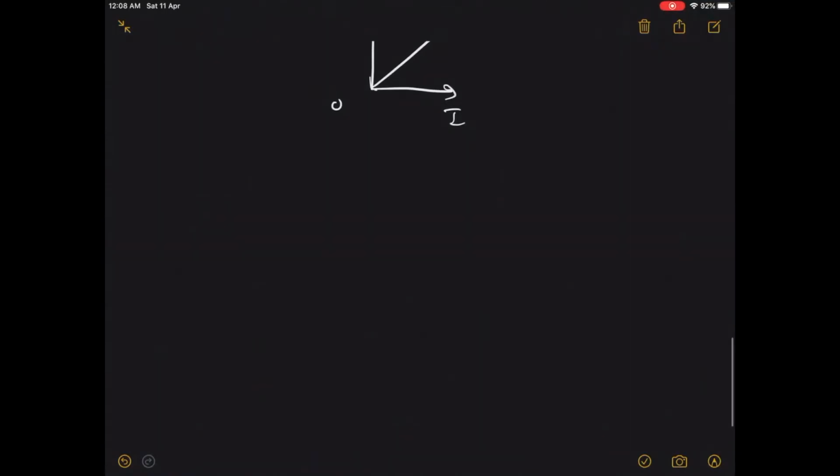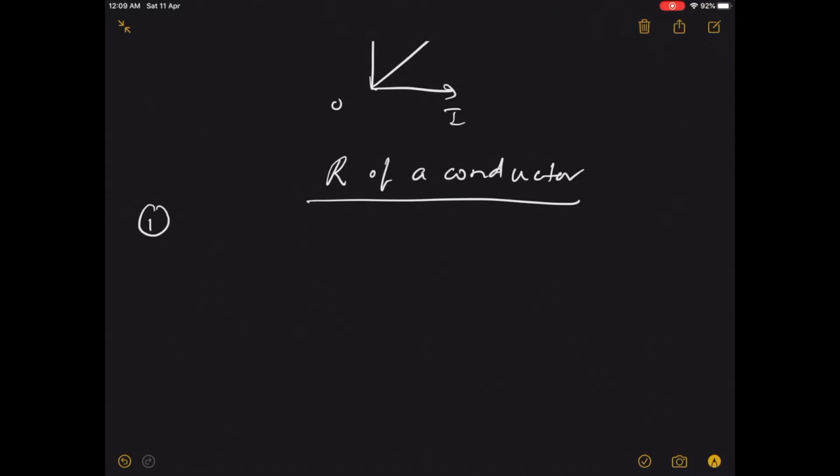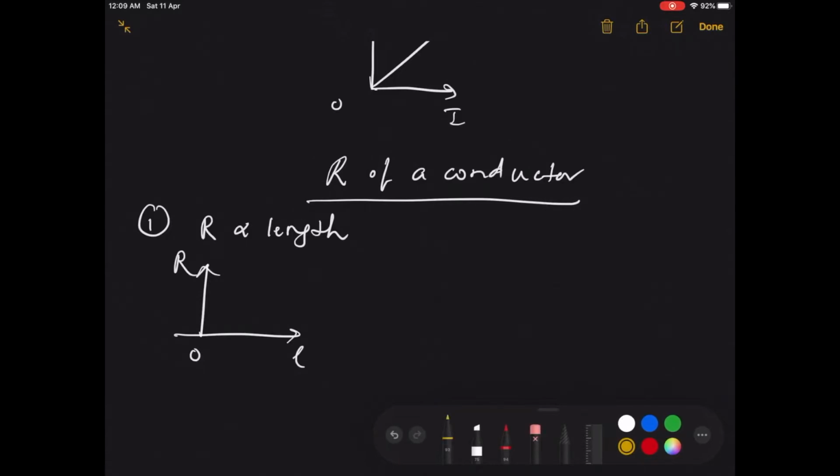But electrical resistance of a conductor depends on a few important factors. The very first one, the R, depends on the length of the conductor. So if you are sketching R versus L, what do you expect? You expect a straight line.